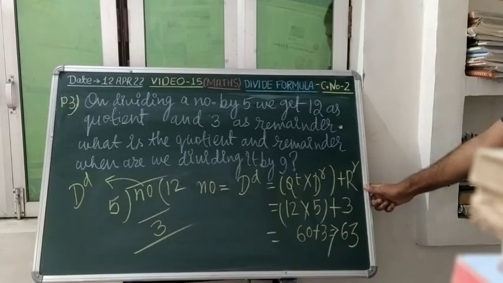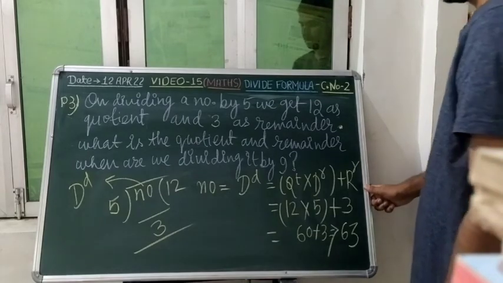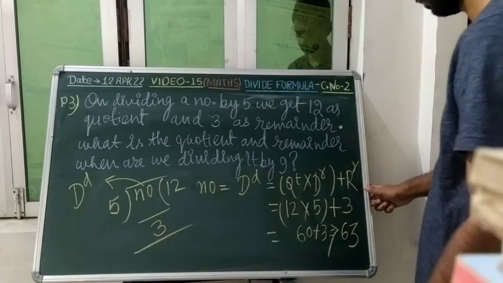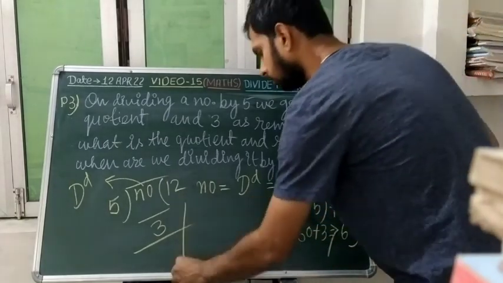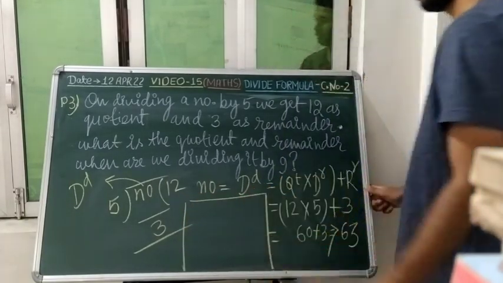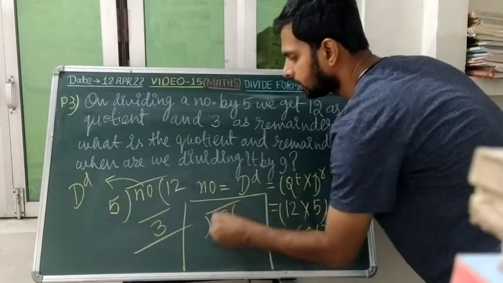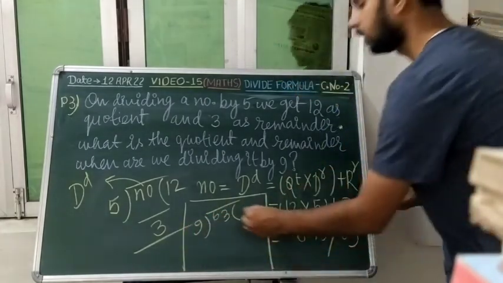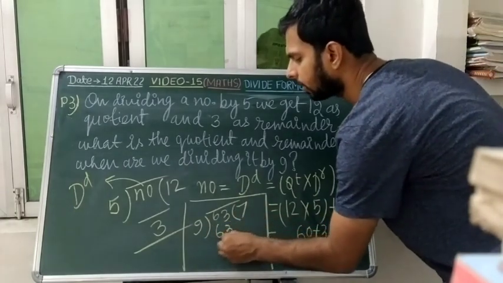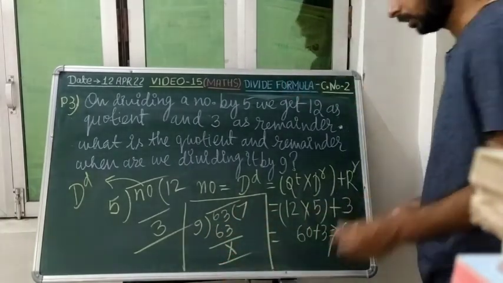And this 63, when you divide by 9, will go 7 times and will be completely divisible.